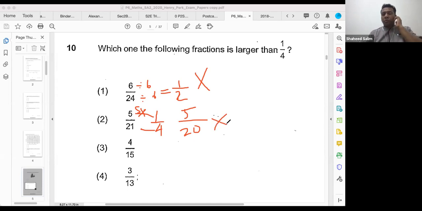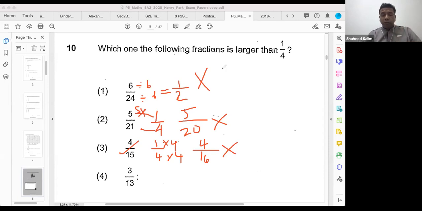So this one is out also. Next one, you times by 4. You get 4/16 and 4/15. Which one is bigger? This one is bigger. So again, this one is out.